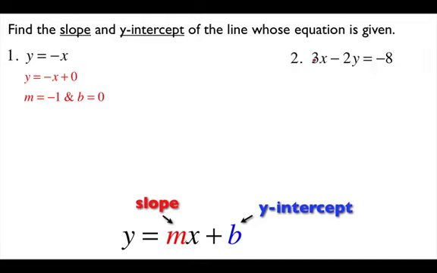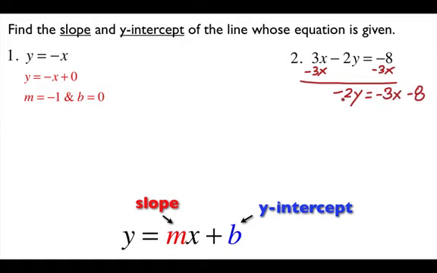Here, notice that this does not look like slope-intercept form. So what I'm going to have to do is solve for y. I'm going to take away 3x from both sides. Once I do that, I end up with negative 2y equals negative 3x minus 8.